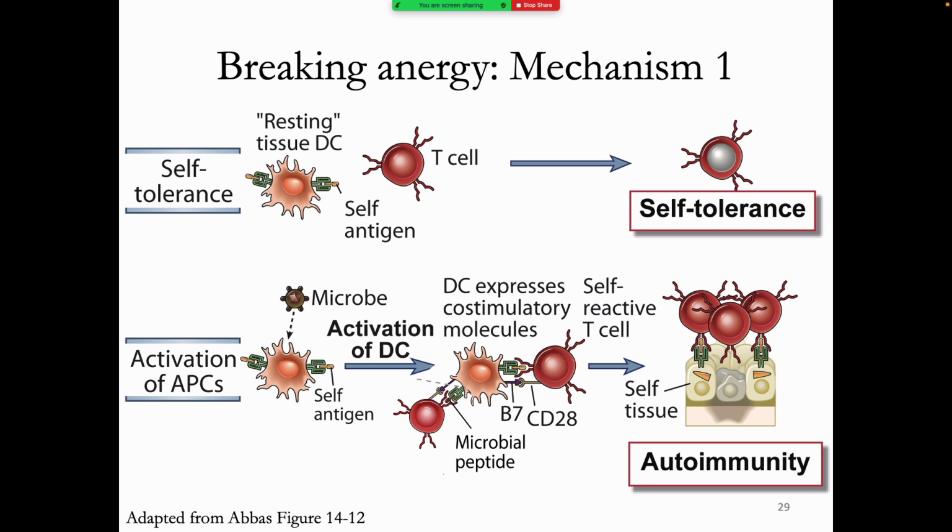So now let's think about flipping this to the question that Jamie asked. We've got a situation where we have a T cell that is self-reactive. When do you think that T cell first encounters its self-antigen?